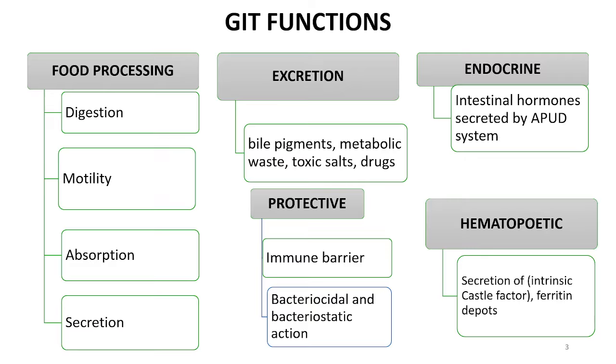Then absorption of the products of digestion, and secretory function is the function of all the glands, secretory glands of external secretion, like salivary glands, like pancreas, gastric glands, intestinal glands. So all of these secrete certain digestive juices, and we are going to talk about the mechanisms.